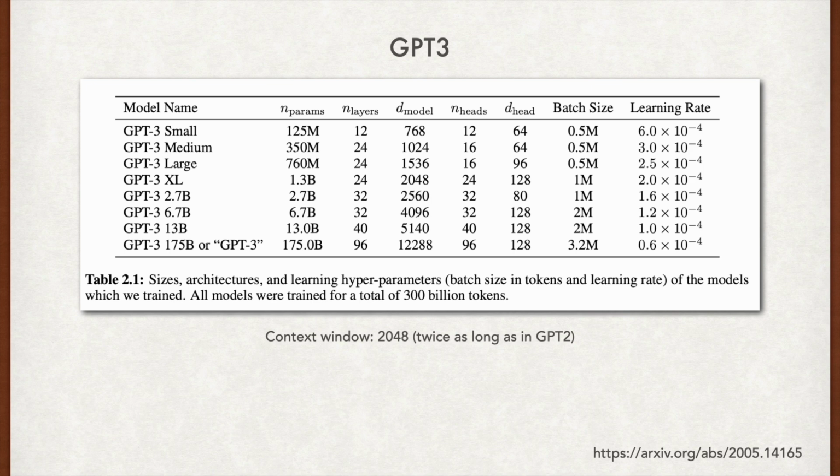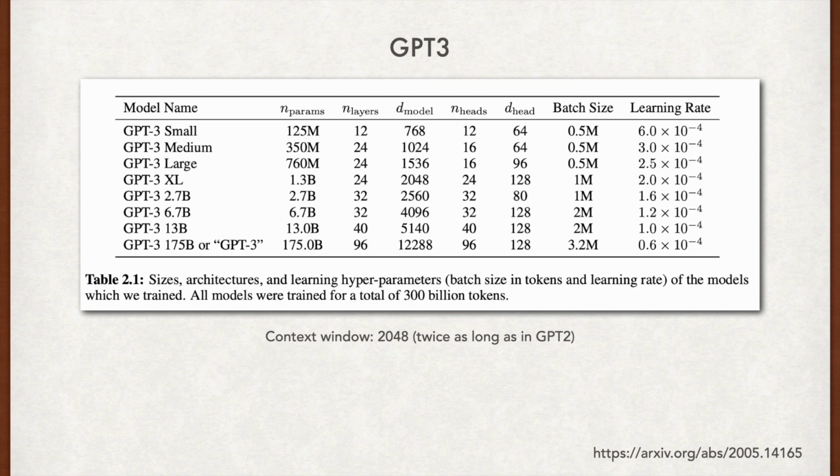What is worth noticing here is that there is an enormous batch size equal to 3.2 million used. There are 96 attention heads, and the dimensionality of each head is set to 128. So this leads to a huge embedding size of over 12,000 elements produced by each of 96 layers.